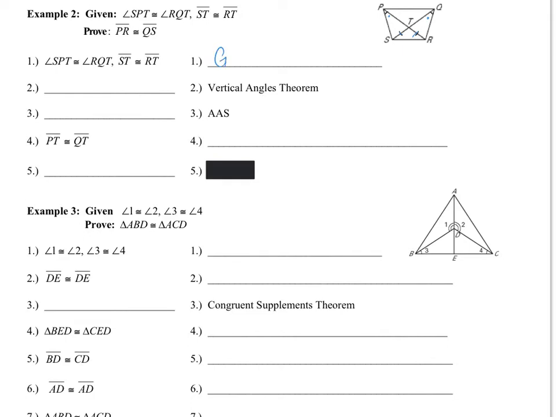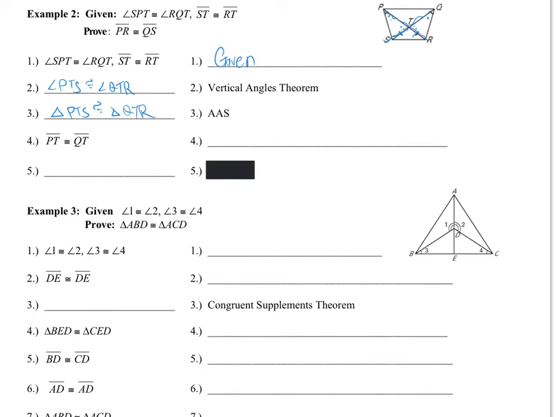So we can first write given, and then by the vertical angles theorem we can state that angle PTS is congruent to angle QTR, and therefore we can state that triangle PTS is congruent to triangle QTR by angle, angle, side. Now we want to prove that PR is congruent to QS.